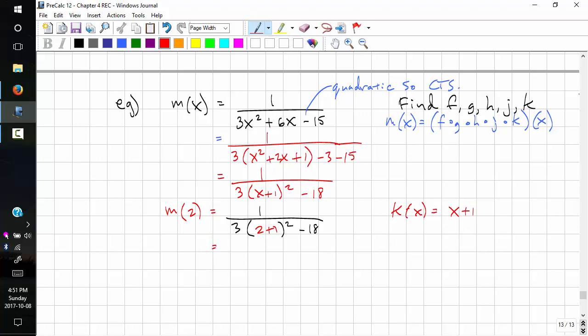Our next step, we're doing 3 squared. So our j of x equals x squared.